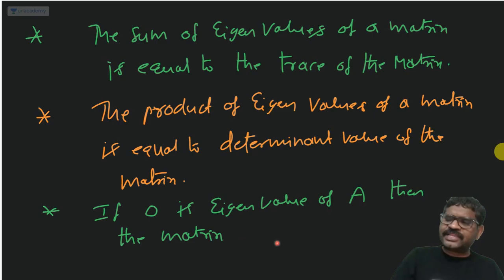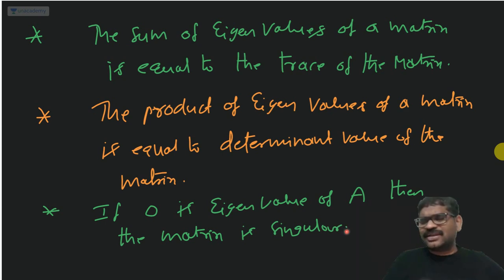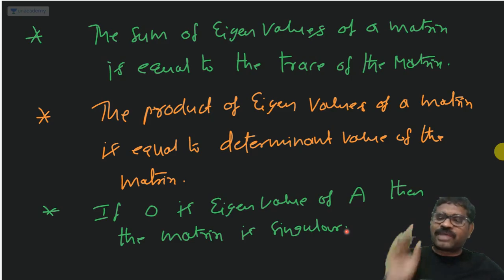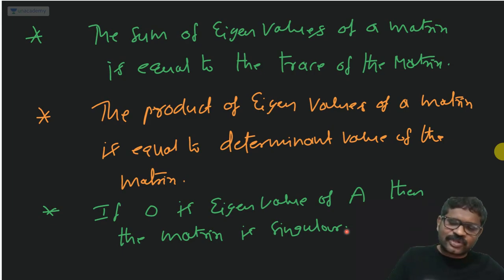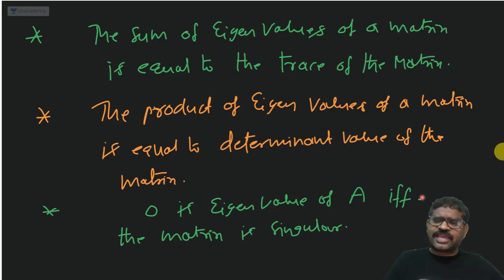Sir, if 0 is an eigenvalue the matrix is singular; suppose the matrix is singular, can the eigenvalue be 0? Not all eigenvalues, at least one eigenvalue will be 0. Understood? So 0 is an eigenvalue of A if and only if the matrix is singular.